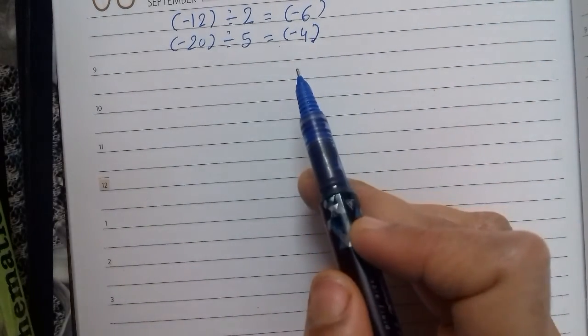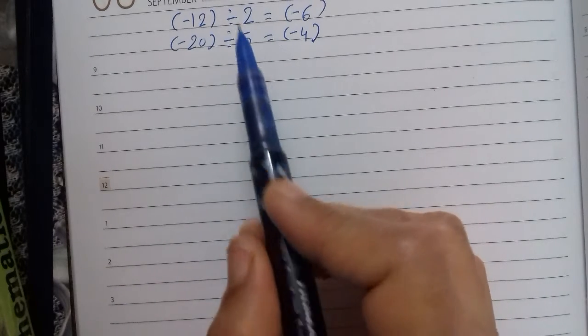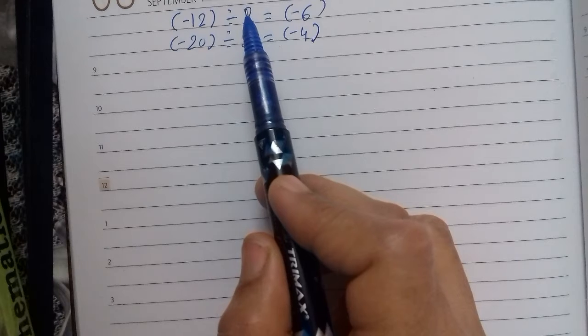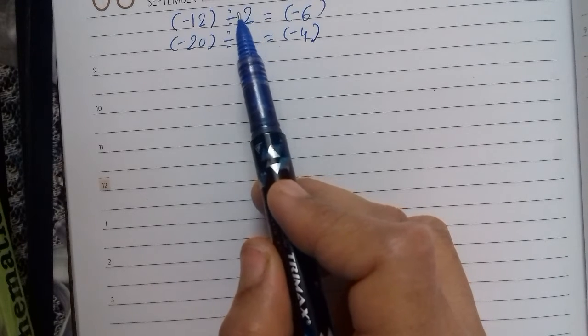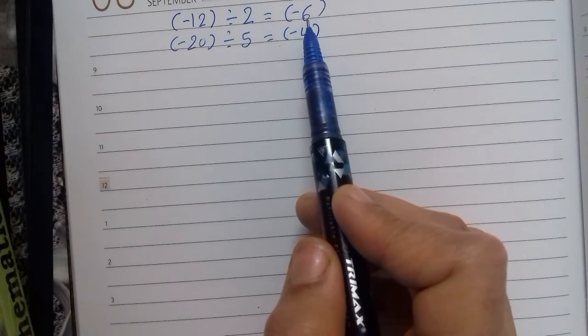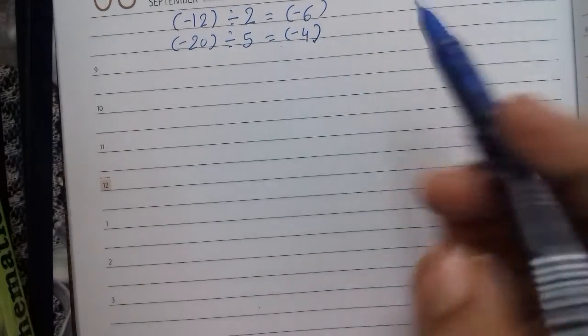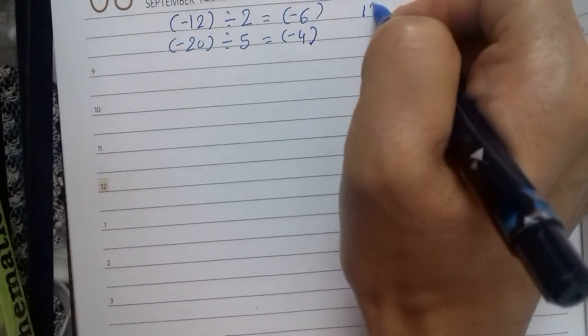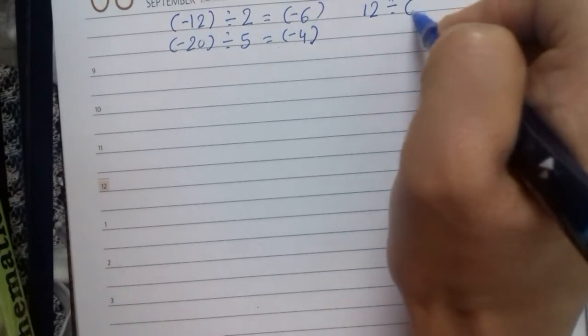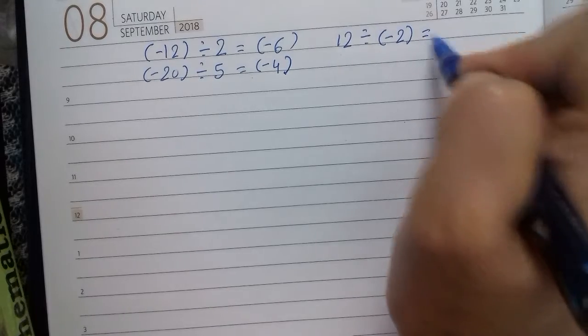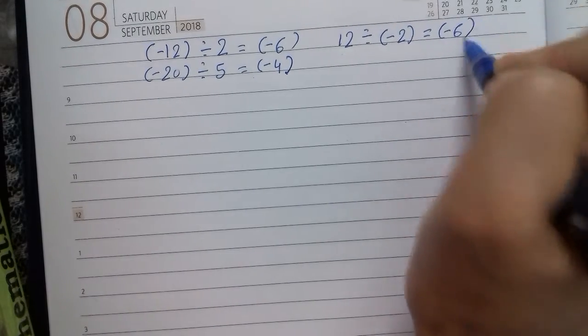We observe that when we divide a negative integer by a positive integer, we get a negative integer. Now suppose 12 divided by minus 2 is equal to minus 6.